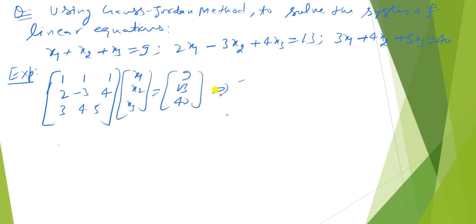So this is the form of Ax = b. Here A is the coefficient matrix of order 3 by 3, X is the unknown vector of order 3 by 1, and similarly B is the constant matrix of order 3 by 1.